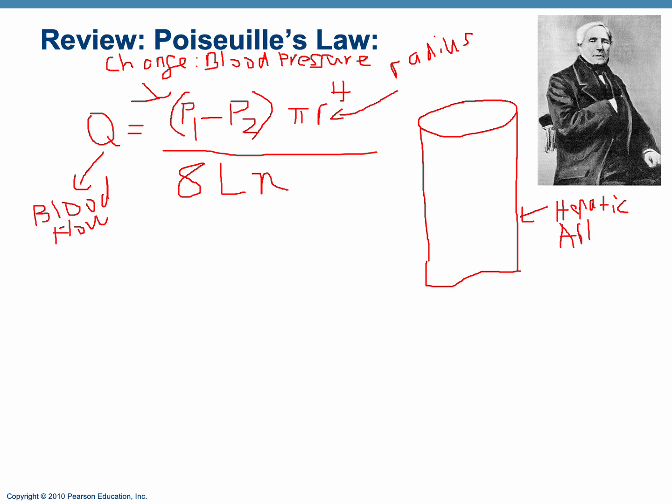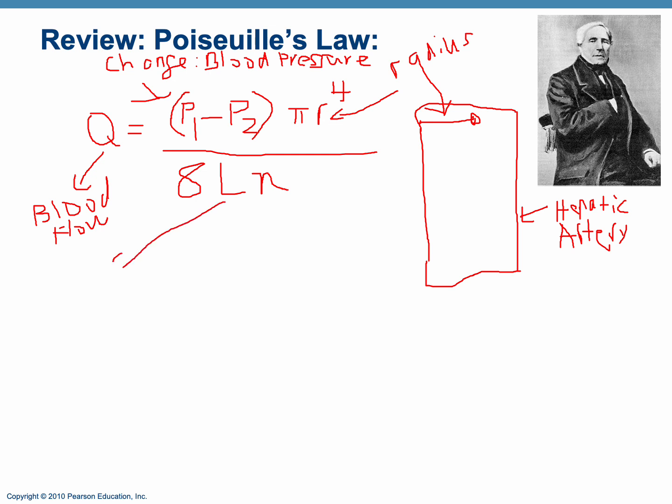The radius would be if you go from one side of the blood vessel right to the middle. So this area here would be defined as the radius right there. And we can fix that here for you. There we go. So ultimately this is the radius right there. If you went all the way across, then we're talking diameter.